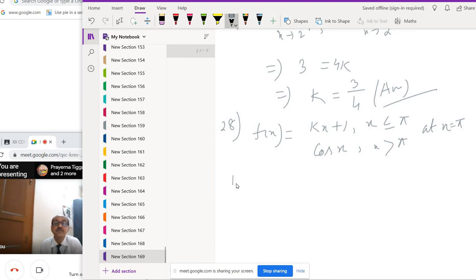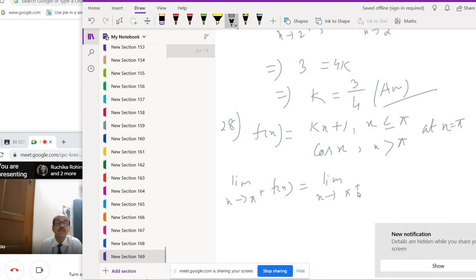So limit x tends to pi plus, the right hand limit of f(x), equal to limit x tends to pi plus. Pi plus means greater than pi, that means cos x. Now x equal to pi, that means cos pi.